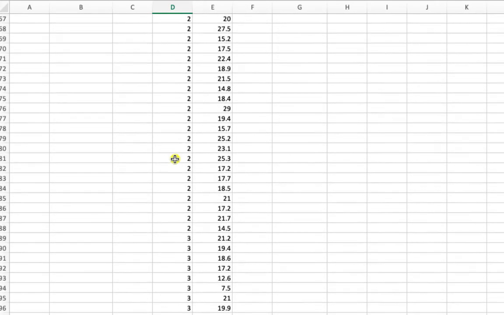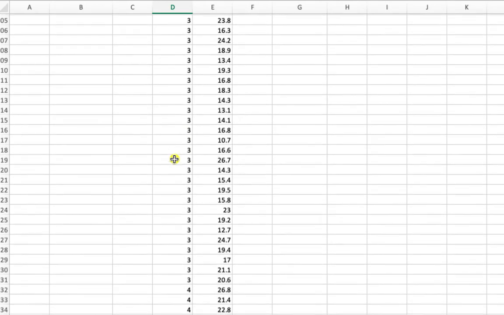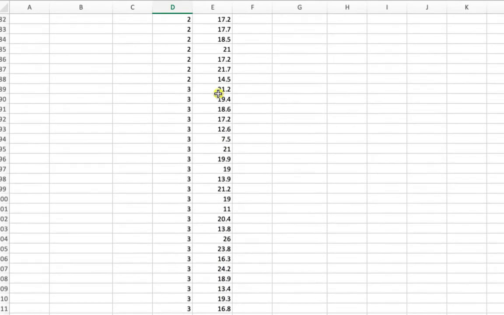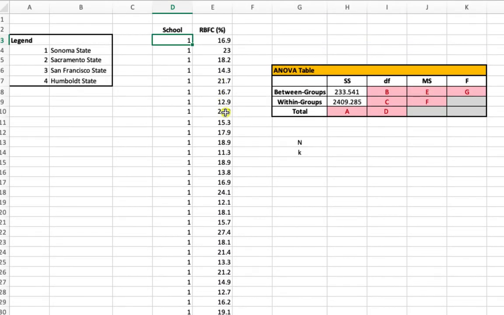So we can see there's a set of labels for each school, and there's a single relative body fat composition measure for each subject. So we should have 172 total. So we'll input 172 as our n value, and then k again represents the number of groups, and we have 4.